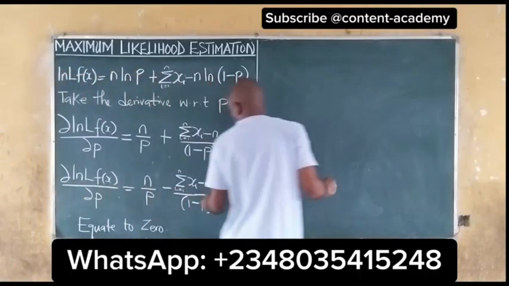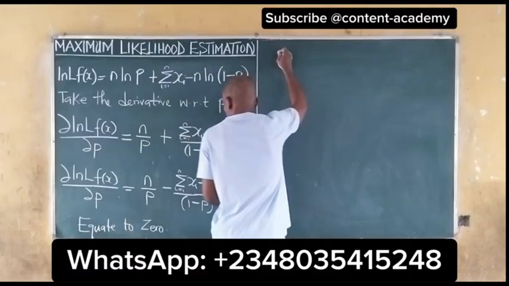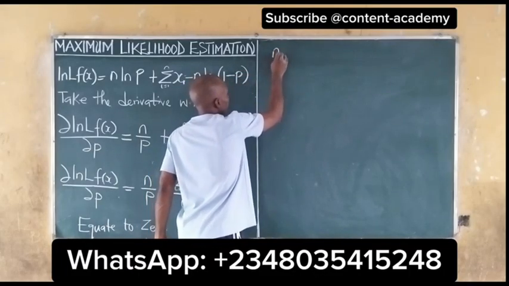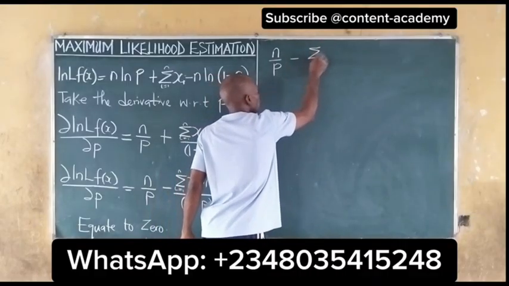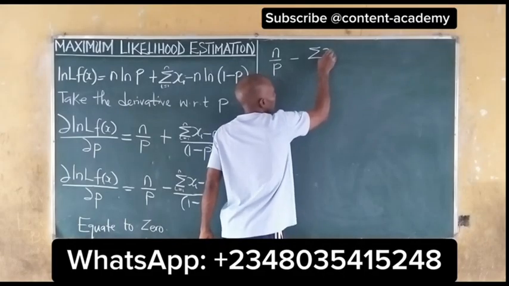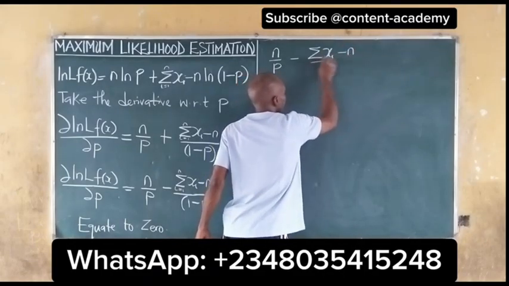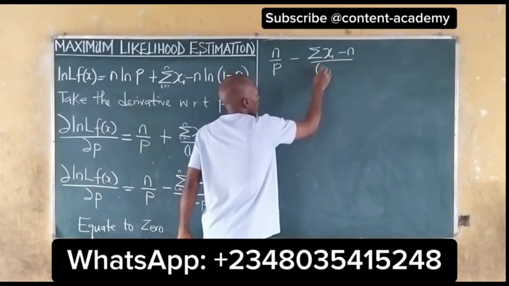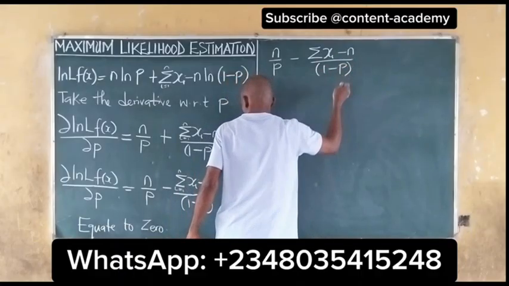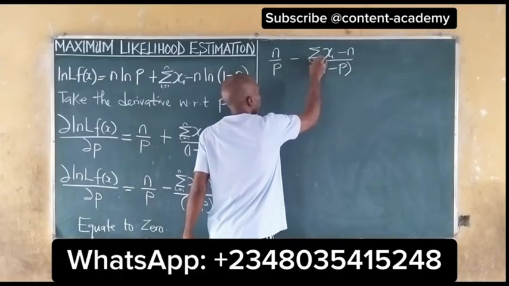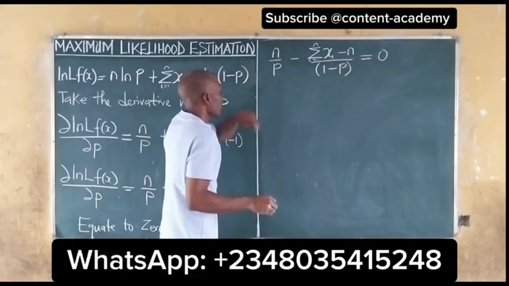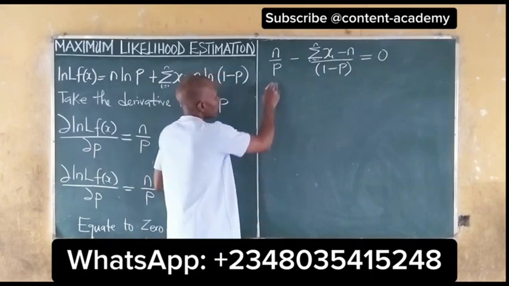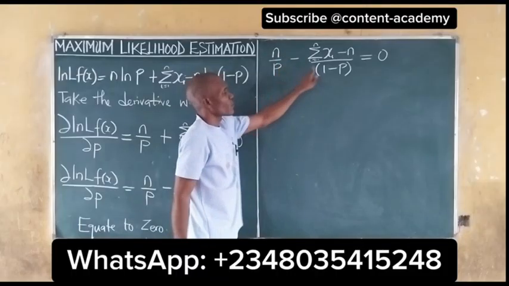So equating to 0, we can write this as n all over p minus summation of xi minus n all over 1 minus p, as i running from 1 to n, to be equal to 0. Now we can cross multiply.